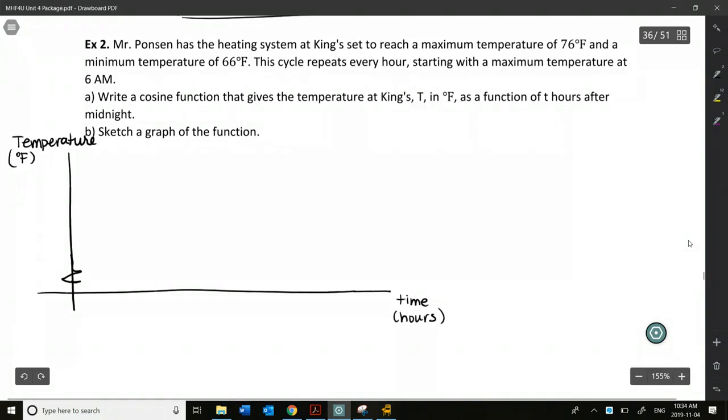I'm also going to do a little part of my graph that's squished here, because I'm not going any lower than 66, so I really don't need any values below that. So we're just going to start our graph at 66, and our graph will go up to 76. What's the middle temperature between 66 and 76?